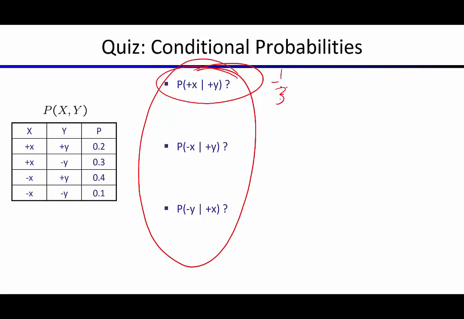By taking the probability of the joint divided by the total probability of plus y. Okay, and the top one is 0.2. The bottom one is plus y here, so 0.6, which gives us 1/3. Great. How about the next one? Negative x given plus y. 2/3, right? The complement of the 1/3.